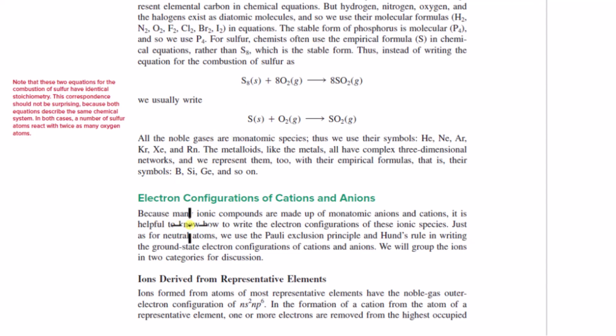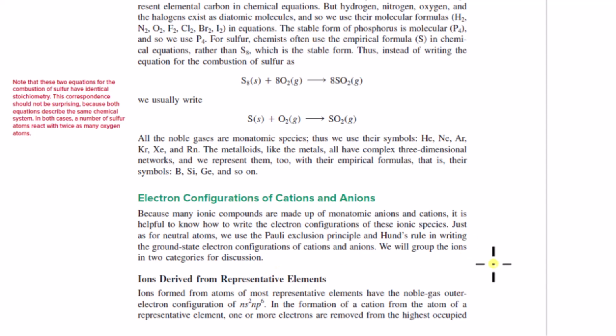Because many ionic compounds are made up of monoatomic anions and cations, it is helpful to know how to write the electron configurations of these ionic species. Just as for neutral atoms, we use the Pauli exclusion principle and Hund's rule in writing the ground state electron configurations of cations and anions. We will group the ions in two categories for discussion.